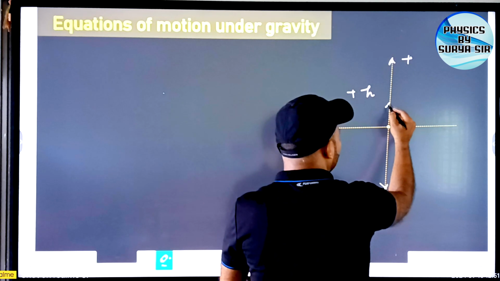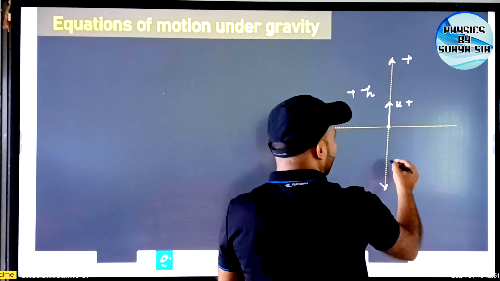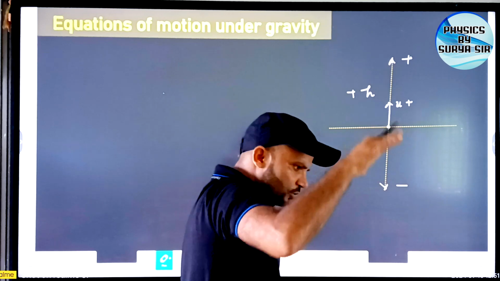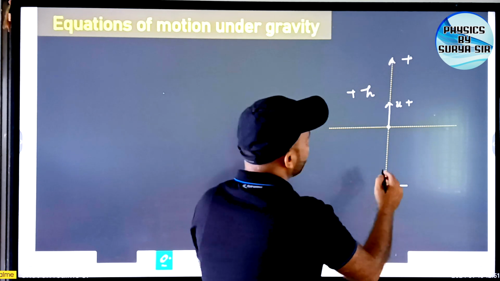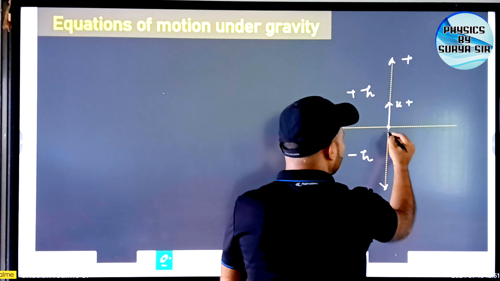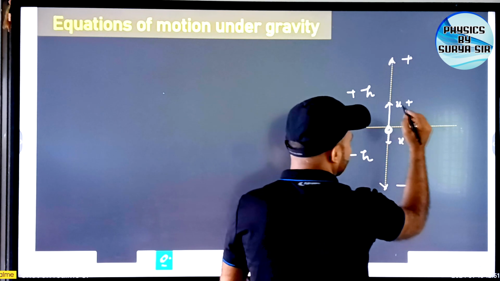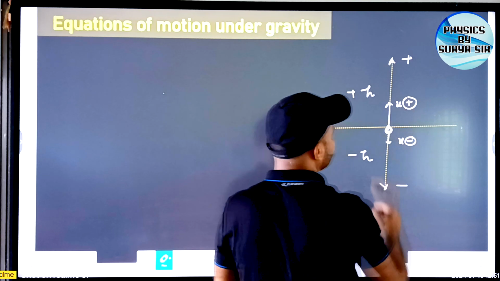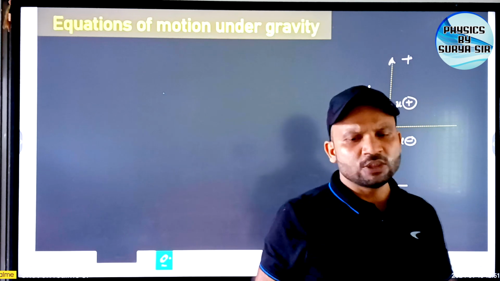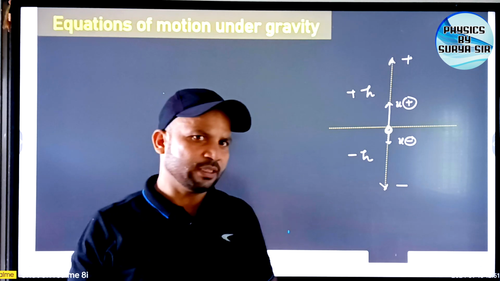If the object is moving upward, the velocity will be taken as positive. If the displacement is downward toward the earth's surface, then the displacement will be negative, and also if it is moving in this direction, its velocity will also be negative. Clear? So this is the convention used in writing the equations of motion under gravity.